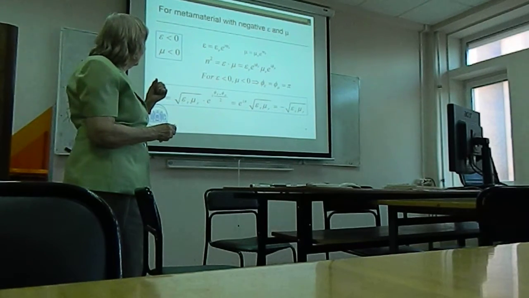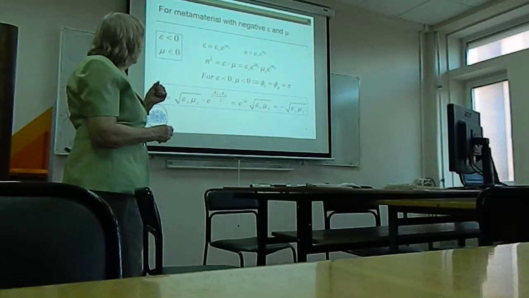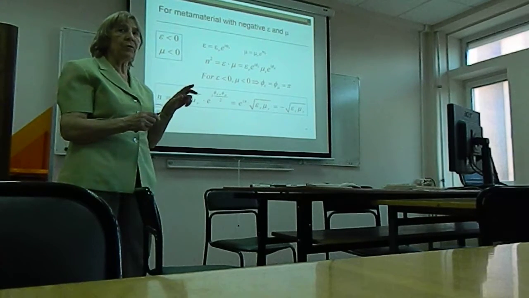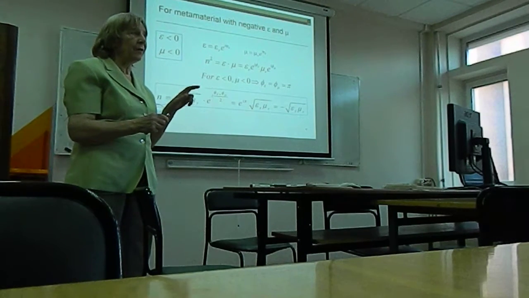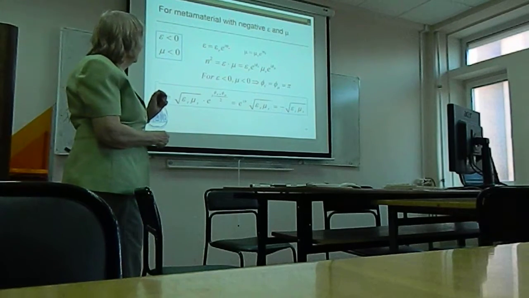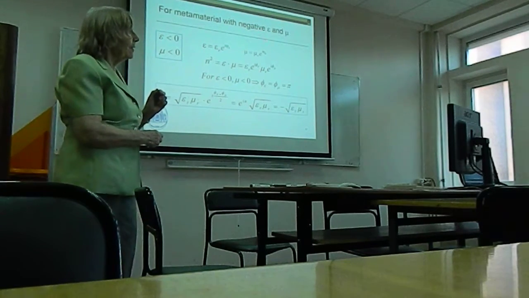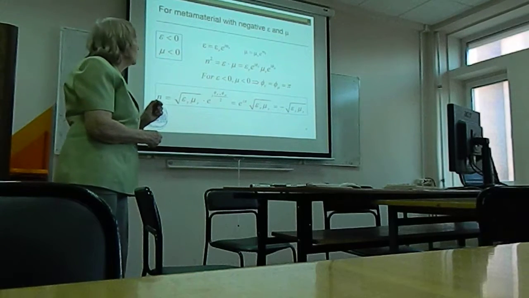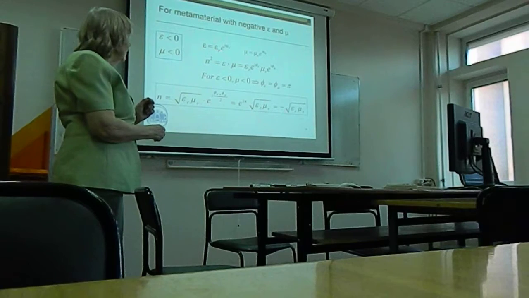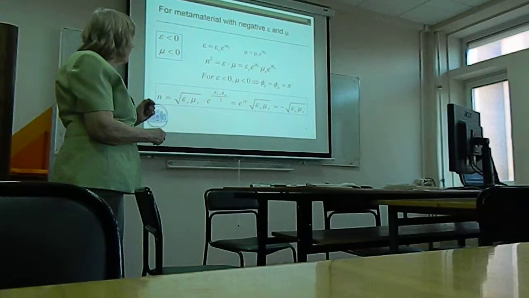In case of a lossless structure, without losses, if the medium is lossless, then we can present it by this. This is the real part, and this is the part which depends on the phase.